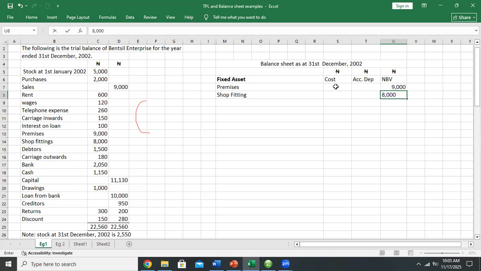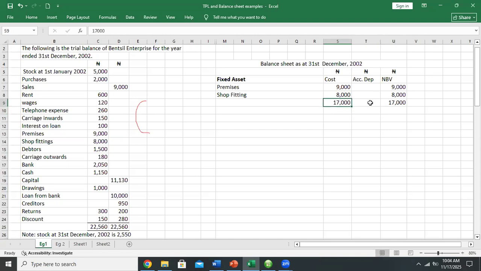Others will present it this way: they will show the cost 9,000, show that there's no accumulated depreciation, so that will be a dash. It's permitted. So you get the total fixed assets, which will be 17,000.